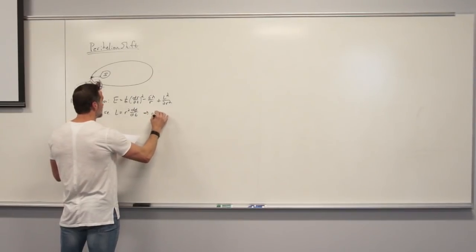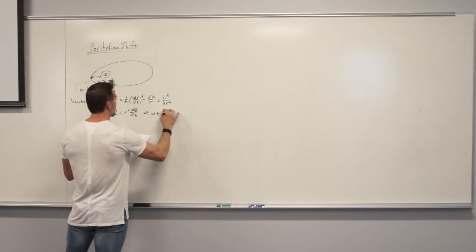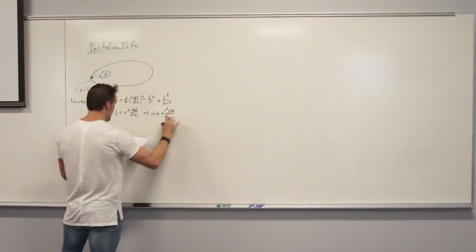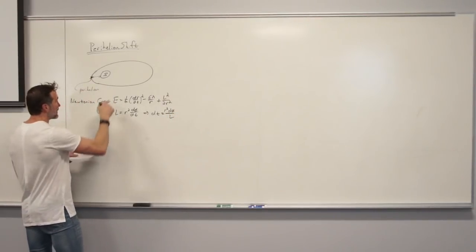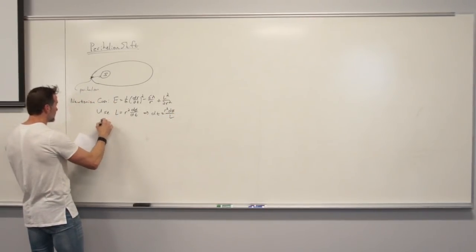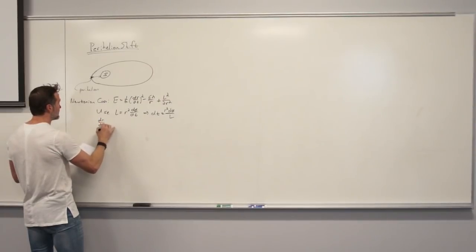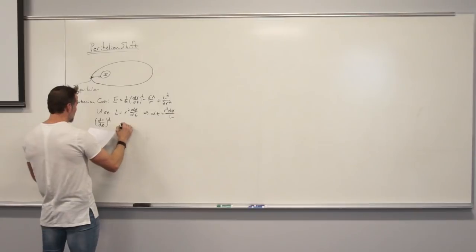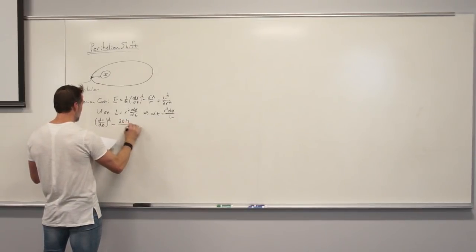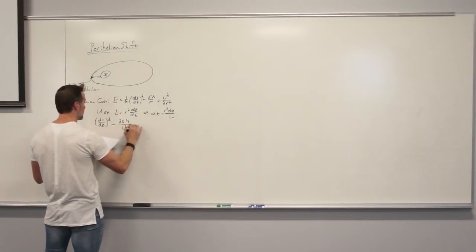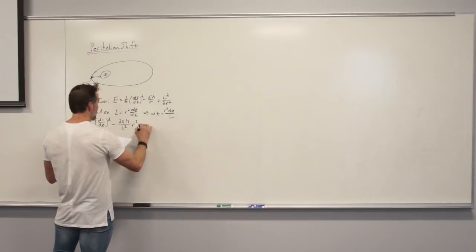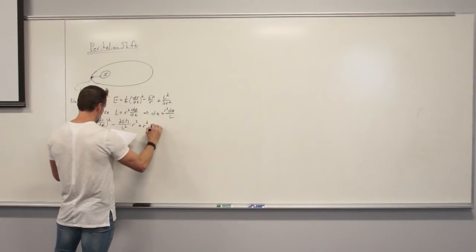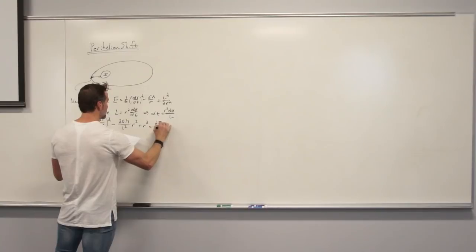In particular, dt is r squared d phi over L. Then our equation up here becomes (dr/d phi) squared, moving it around a little bit, minus 2GM over L squared r cubed, plus r squared, and that's going to be equal to 2E over L squared r to the fourth.